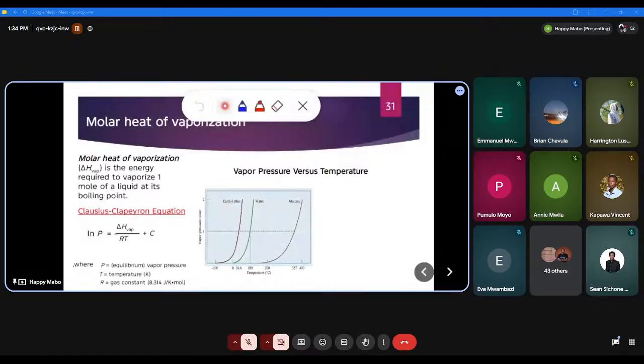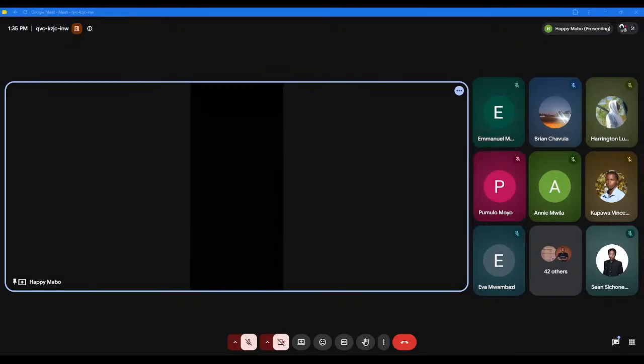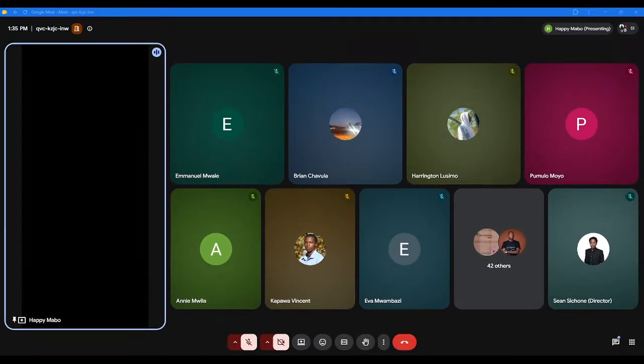We know that we have introduced to you guys a lot of things, and we are still introducing more things. The equations keep piling up.